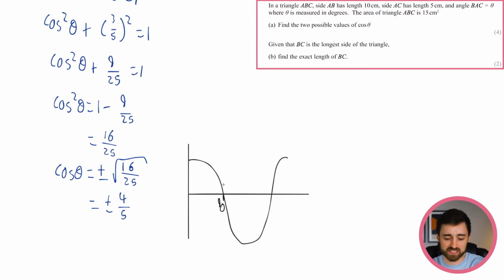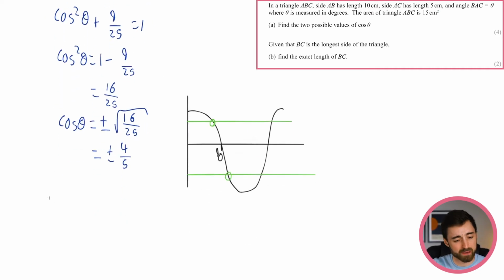I might have positive 4 over 5, which would give me the acute angle, and negative 4 over 5, which would give me the obtuse angle. Completely allowed. So the two possible values of cos theta are plus or minus 4 over 5. That's actually quite tough. That's not too easy. There's a bit of understanding going on there.